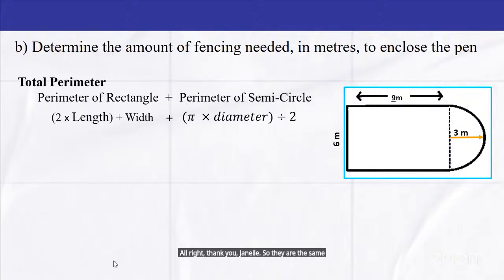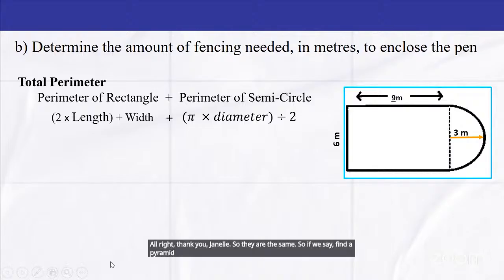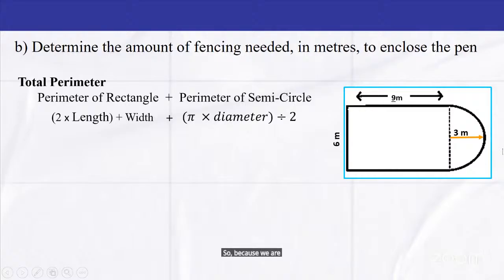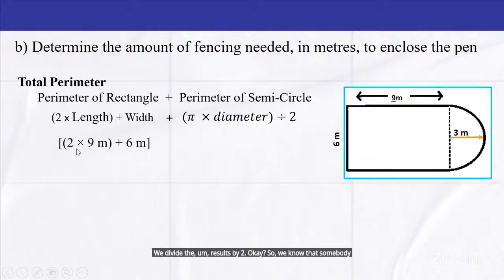So if we say find the perimeter of the circle or find the circumference of the circle, we're asking the same question, right? So the perimeter of the circle is pi times diameter. Because we are finding half the perimeter of half of the circle, we divide the result by 2. Somebody explained this quite clearly.